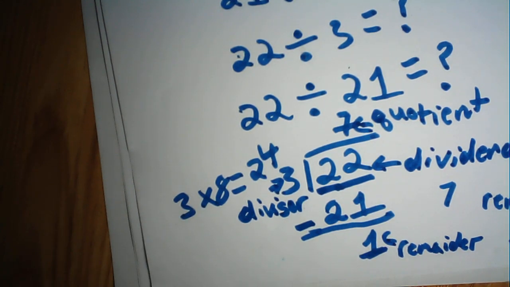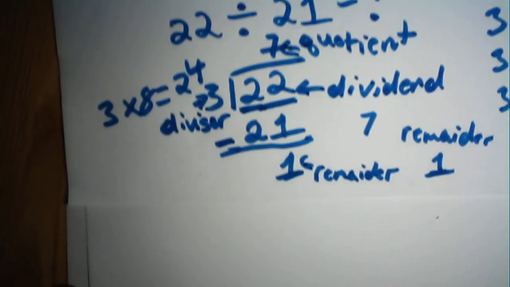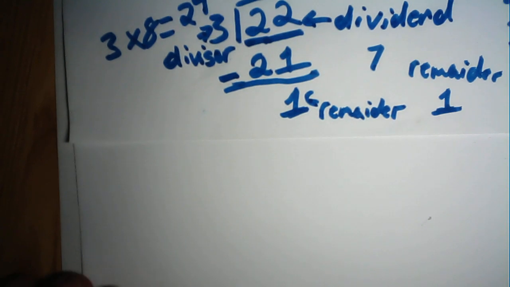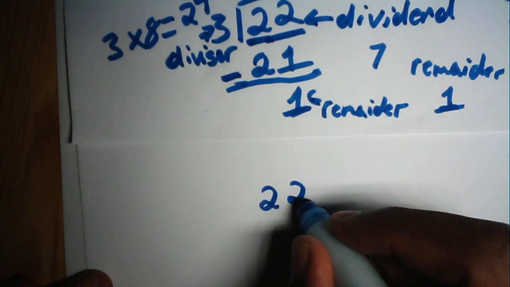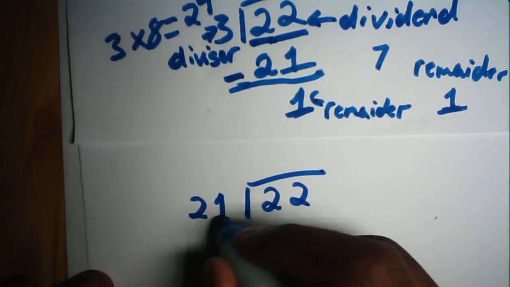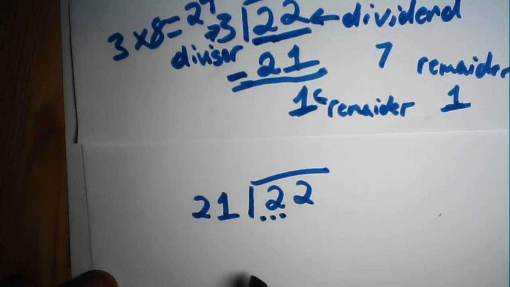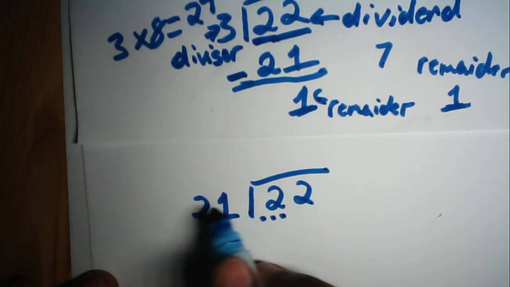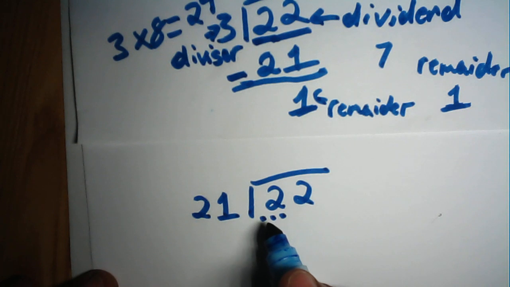So now let's do the last one, which is 22 divided by 21. We'll do the same exact thing as before, starting off with the first number and asking, does 21, the whole number here, divide 2? The answer is definitely no, because 21 is bigger than 2.